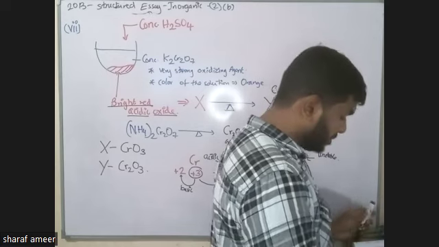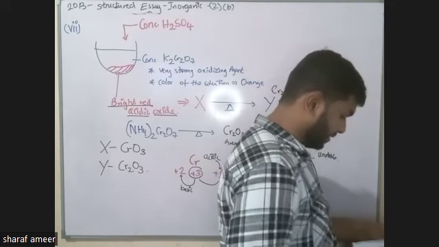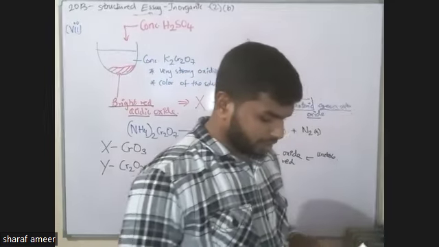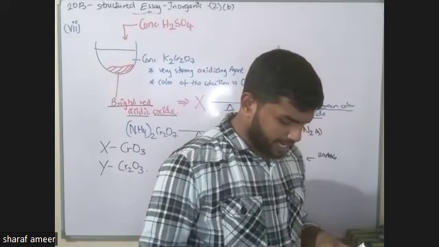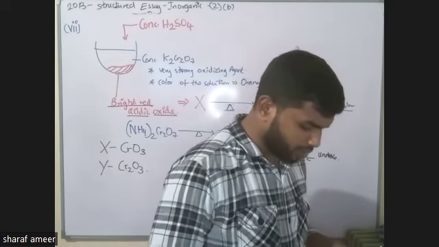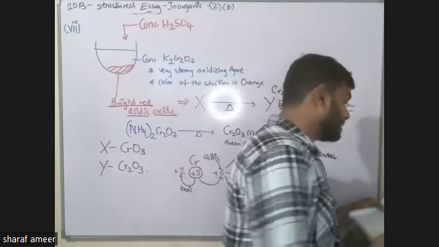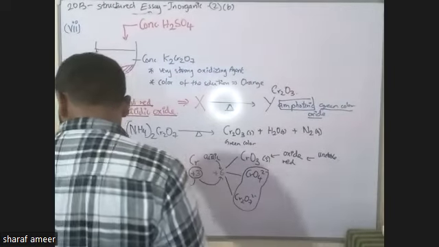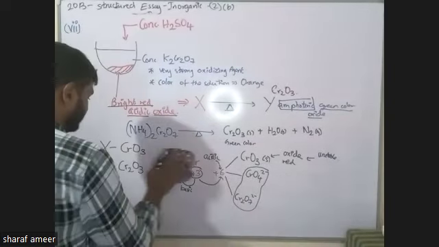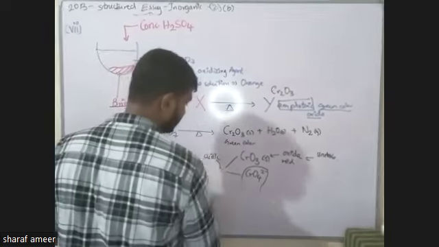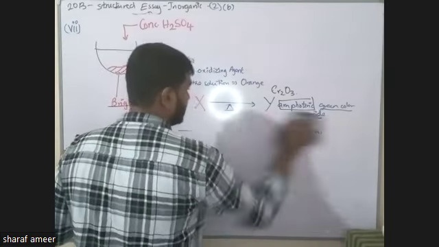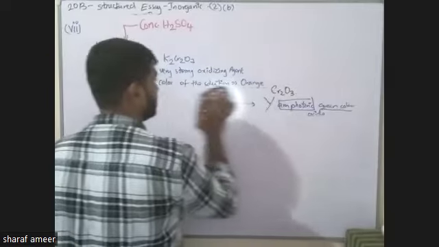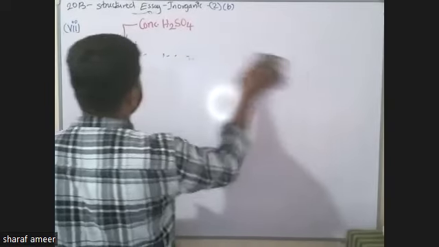Right. Now see the next question. What would you observe when dilute NaOH is added to a solution of potassium dichromate? An interesting question here.